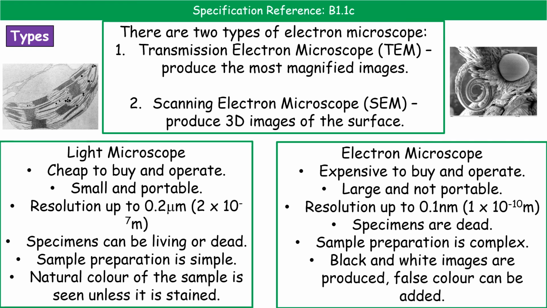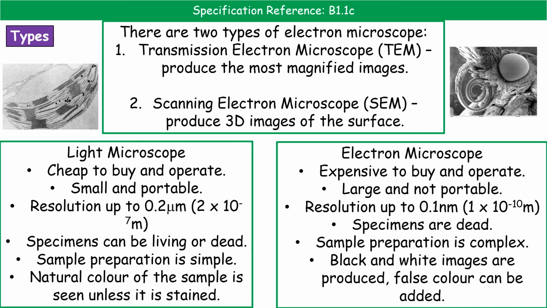In terms of the electron microscope, these are much more expensive than the light microscope. They're also very large. You can't take the electron microscope out into the middle of the rainforest, for example. But the positive, it does have a much greater resolution. You can see there 0.1 nanometers. Specimens do have to be dead though, so that's a downside.